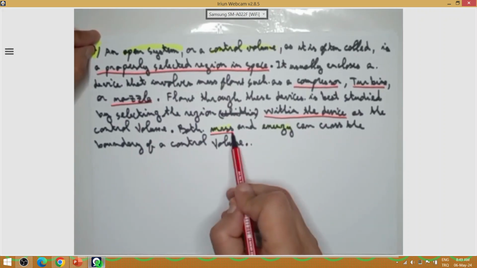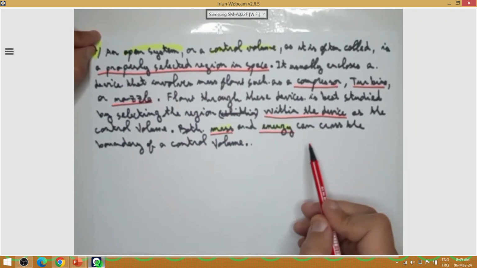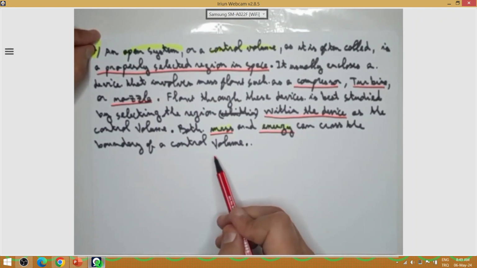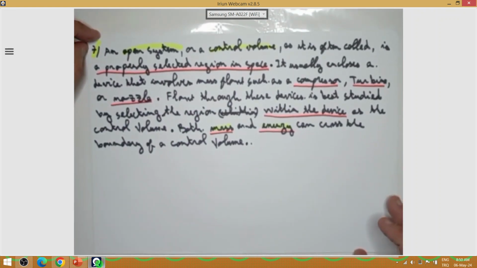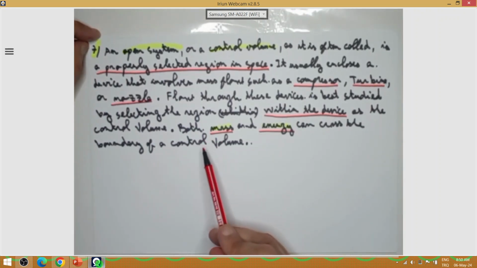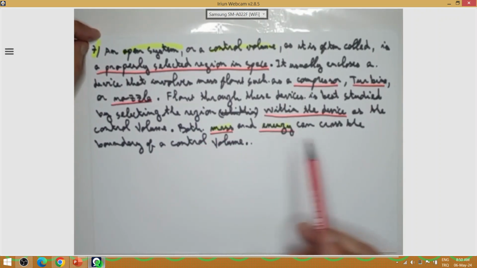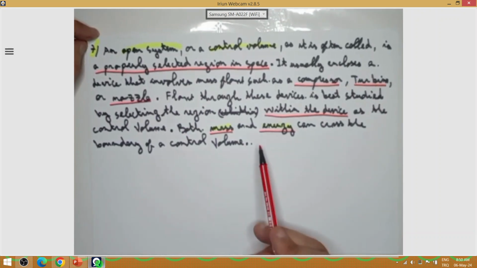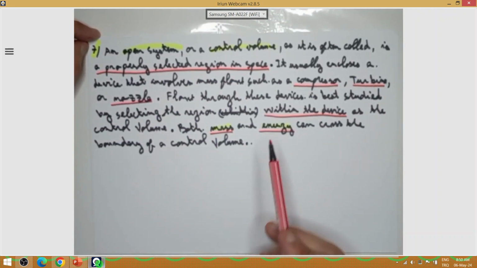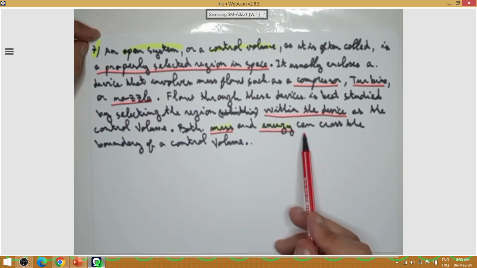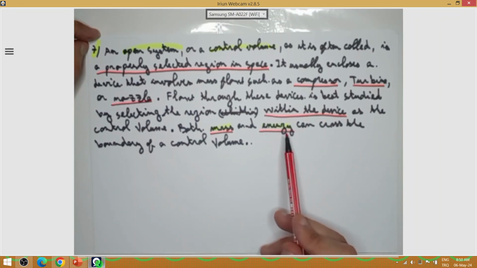Both mass and energy can cross the boundary of a control volume. So this is the difference between closed system and open system. What characterizes an open system is that both mass and energy can cross the boundary. When we were speaking about a closed system, only energy can cross the boundary.